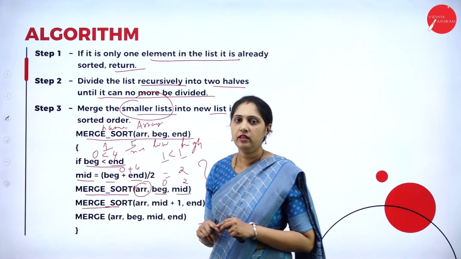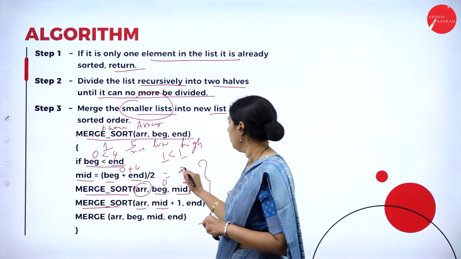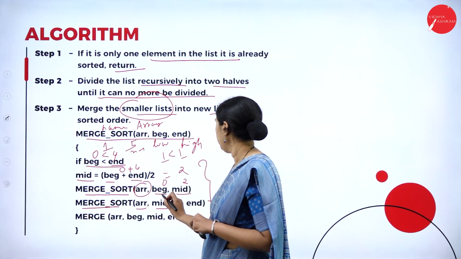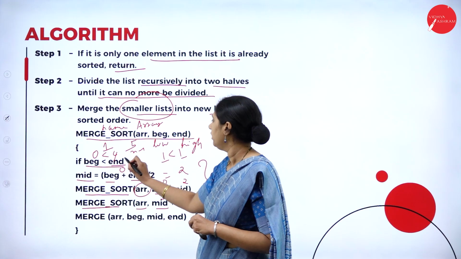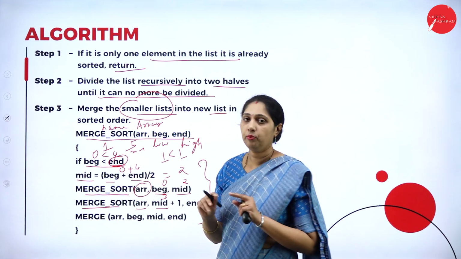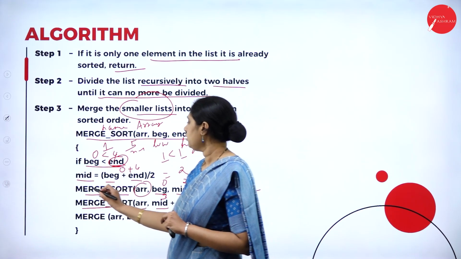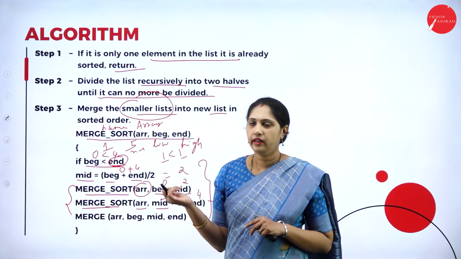What are the parameters passed? The array, middle plus 1. Middle is 2, 2 plus 1 is 3. So the beginning is 3, and the end remains the same, 4. Suppose I give 5 elements. These two calls will do the sorting of the left and right arrays.